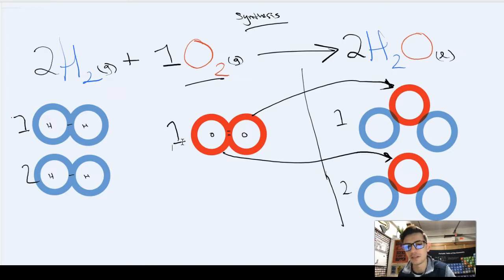So this is a correctly written and balanced equation, and the way that we know what we're looking for is the proper number of things in front of these symbols for the molecules or the elements, whatever they are.